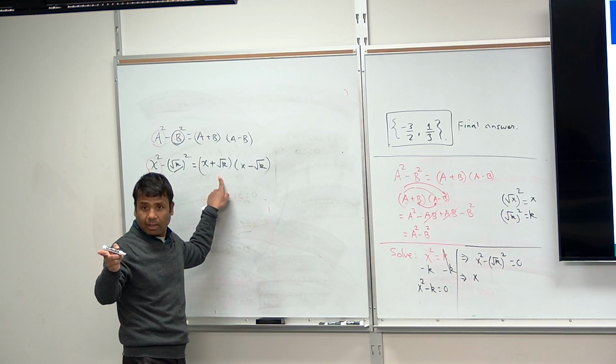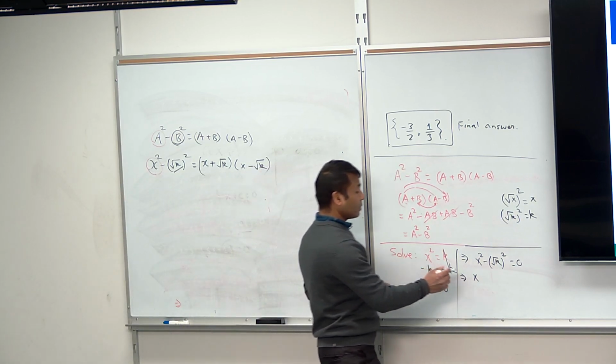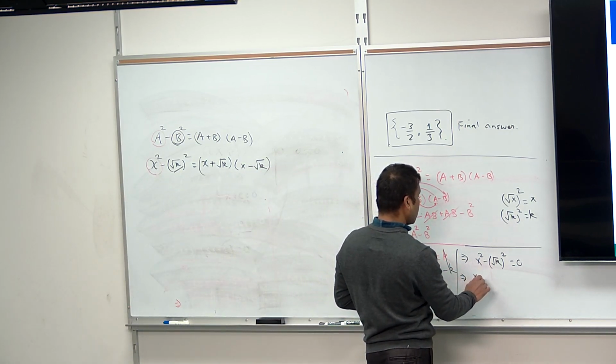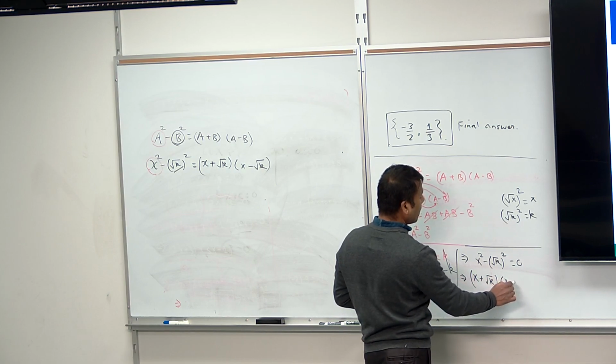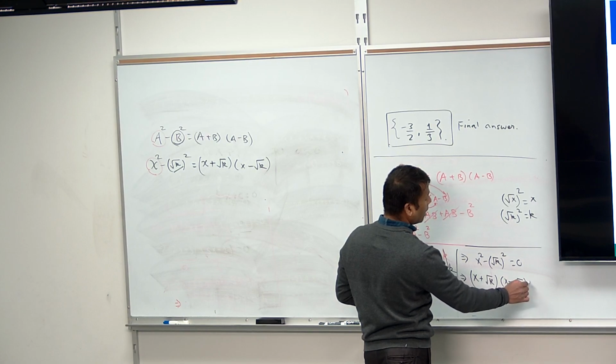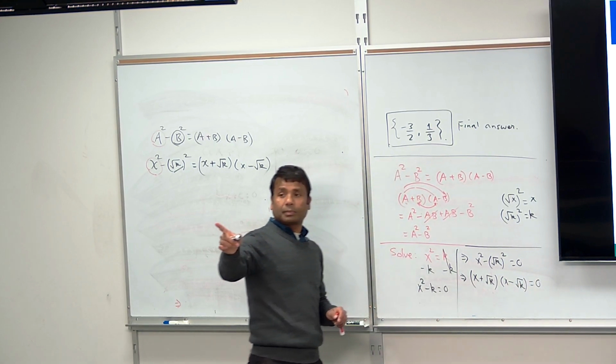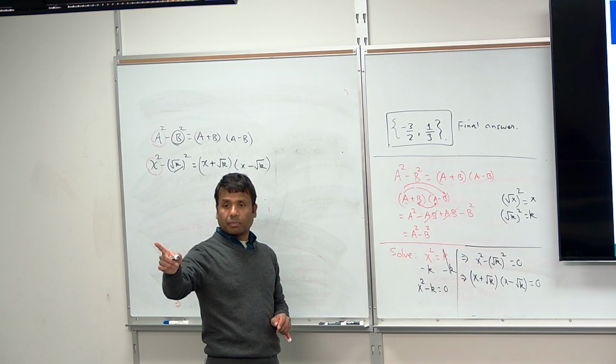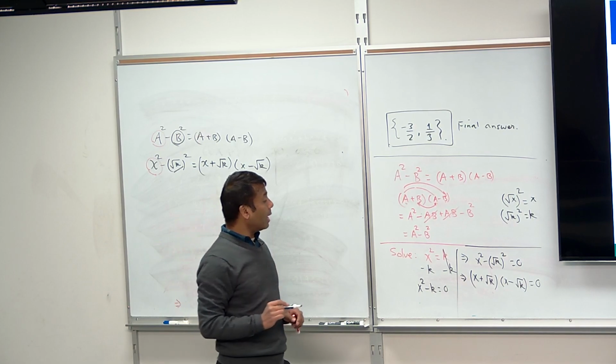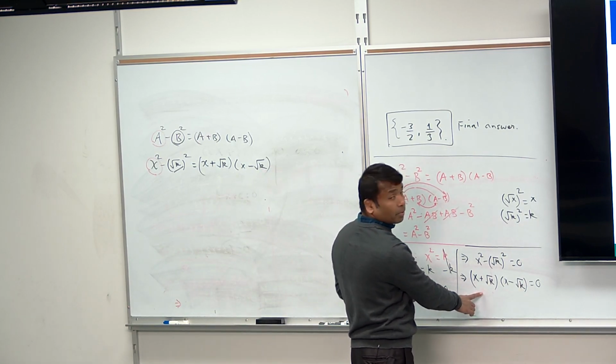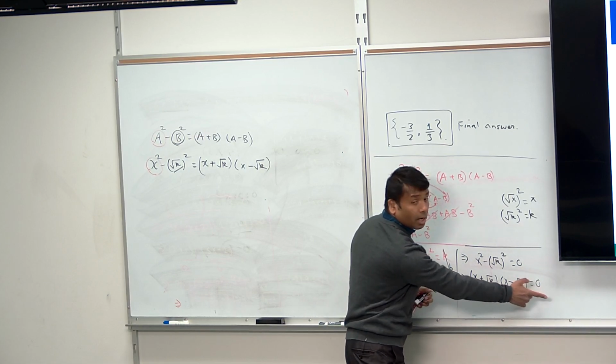Agree? Okay. So now what I can write here is x plus radical k times x minus radical k equal to 0. Make sense? Now you use the zero factor property because the product of these two equals 0.